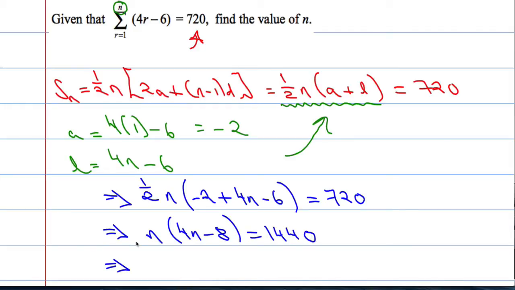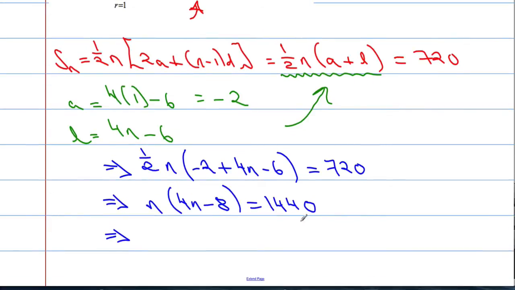Okay, what else can we do here? I can see in this here, and this is a fairly useful step, in this expression here, 4n minus 8, I can actually factor out 4. I'm going to factor out a 4. So I get 4 times n times (n minus 2) must equal 1440.